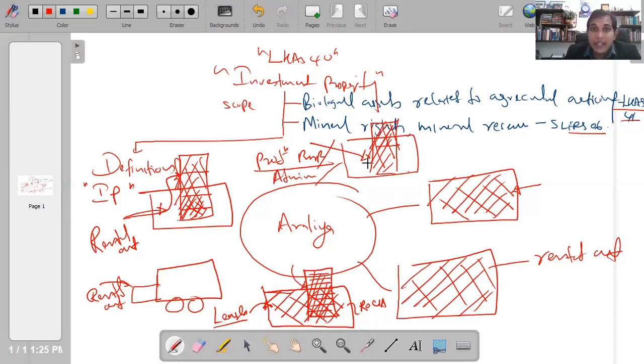Now another thing. In this rented out building, in these 2 steps, there is a very small place provided for the security guard.